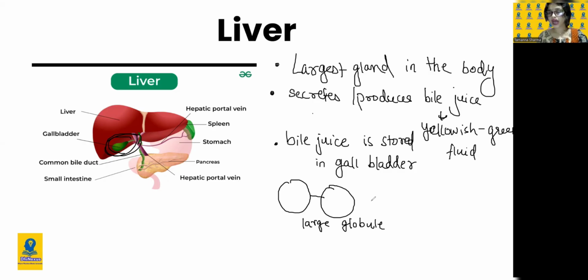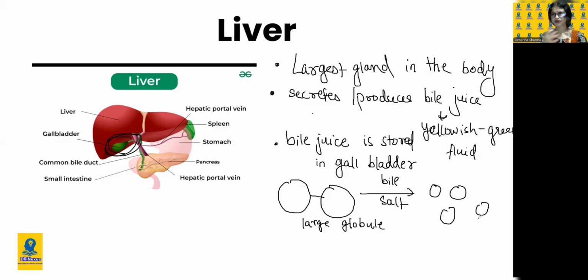With the help of this bile salt, the bile juice acts on this fat and makes it into smaller globules. This is a very important function of the bile juice. Otherwise, it cannot be further digested in our body. So conversion of fats from large globules to smaller globules is very important.